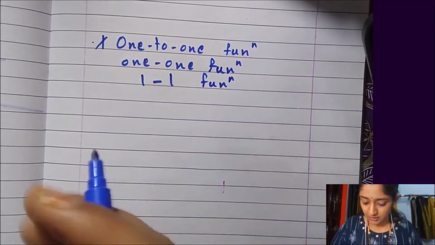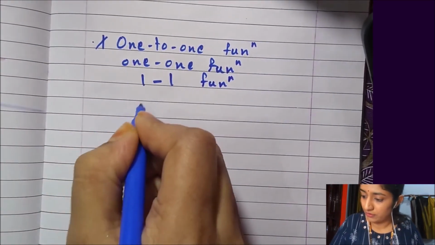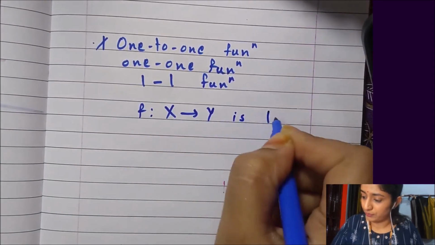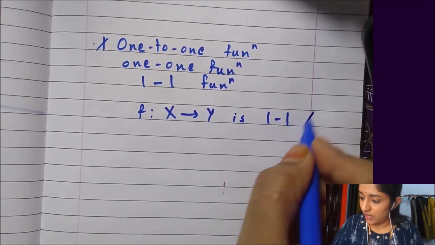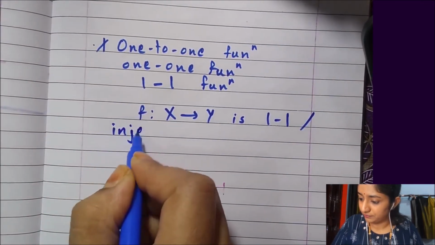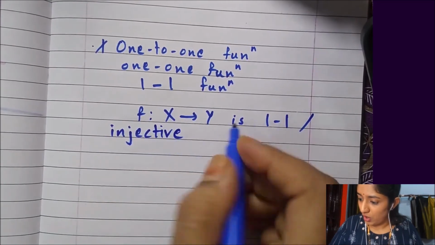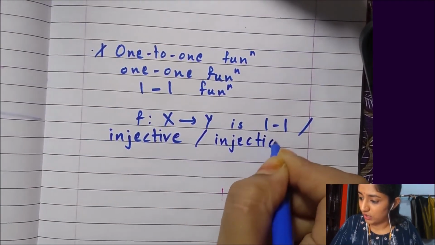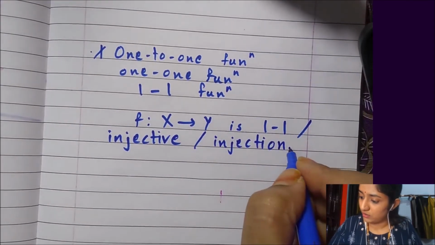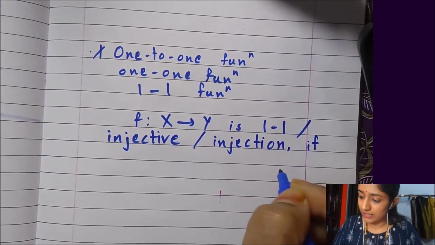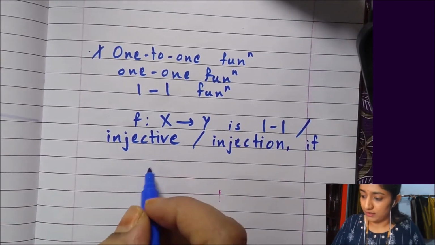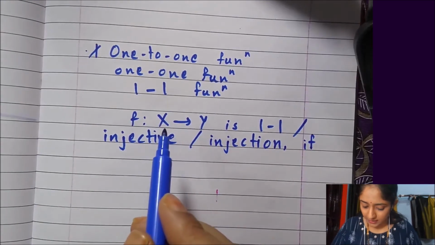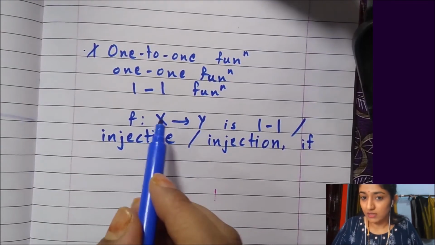The definition is: a function f from X to Y is said to be one-one function or an injective function or simply an injection, not the needle one, it is called injective, one-one or injection if distinct elements of X should have distinct images in Y.